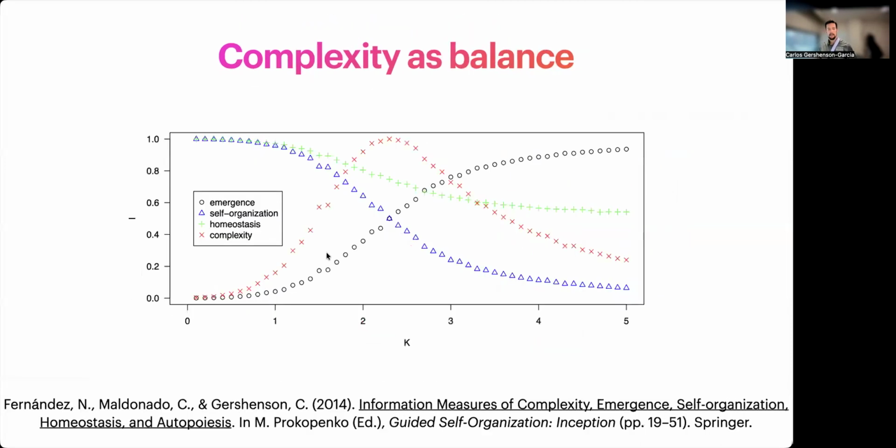So if we go back here, for random Boolean networks, for ordered dynamics, we have low emergence, high self-organization, and this is the opposite for the chaotic regime, and then they are balanced near criticality, which gives us high complexity.